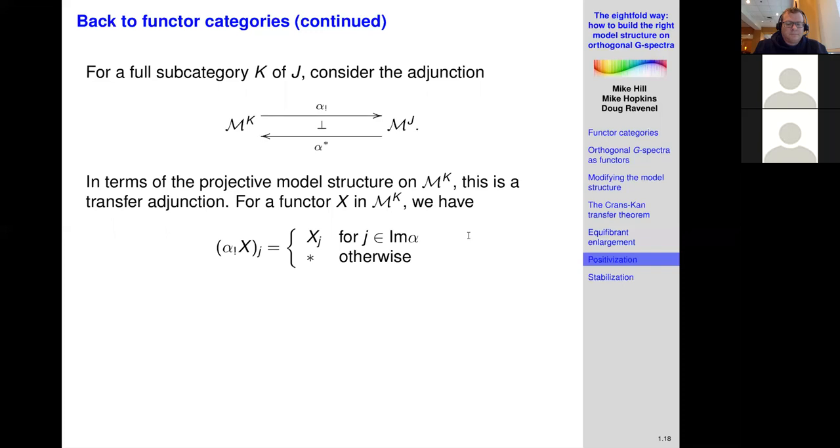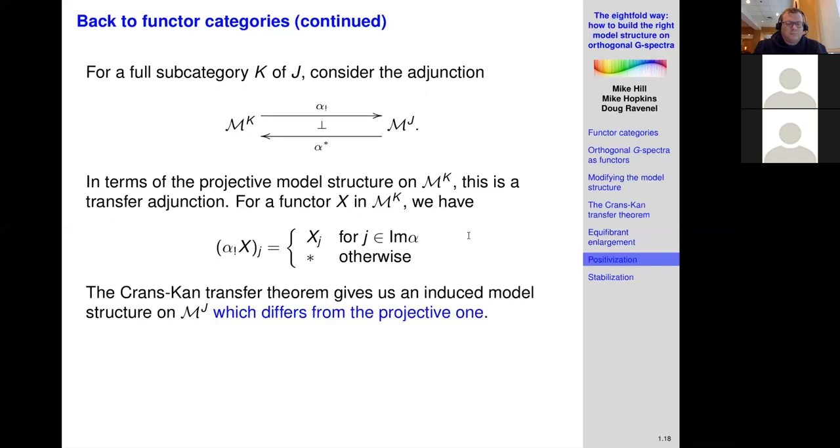If I have an object in M^K, the resulting object in M^J is defined as follows. Some of the components of it are points. If you have an object little j that isn't in the subcategory, then the value of the functor on that object has to be a point, the terminal object.